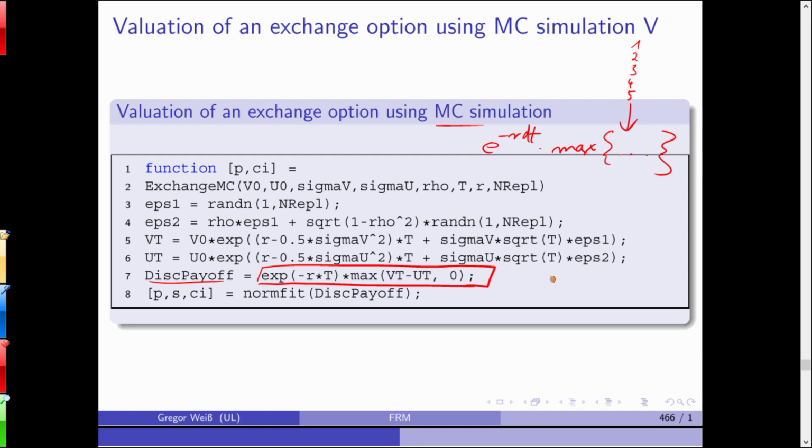But here we are doing it in a slightly more sophisticated way. We'll take the discounted payoff and we'll fit a normal distribution to it. And the normal distribution here, the normfit function, does not only yield the average, the mean, but also the standard deviation and a confidence interval around the mean, assuming a normal distribution of those simulated values.